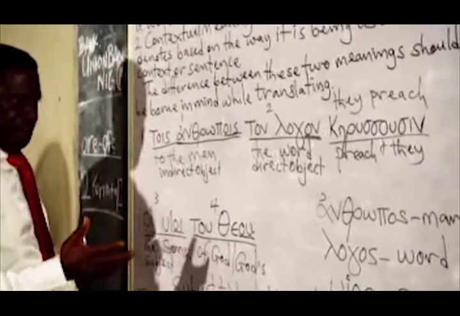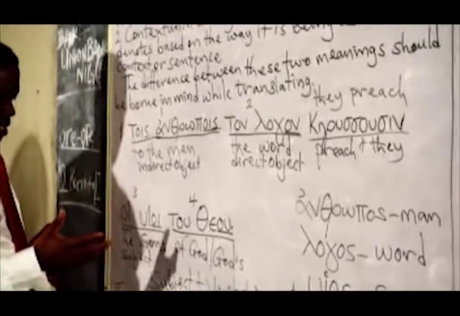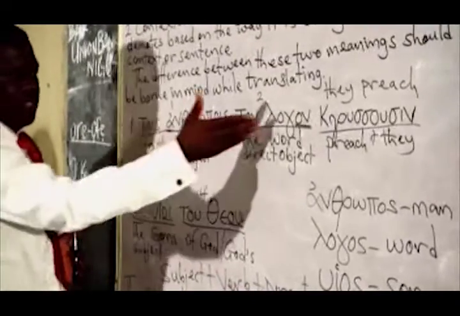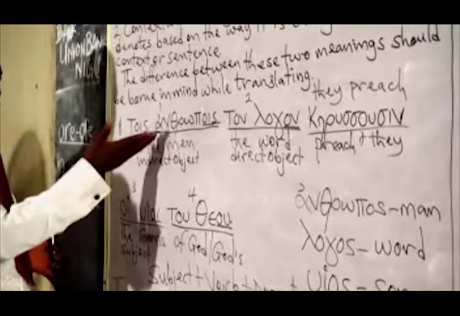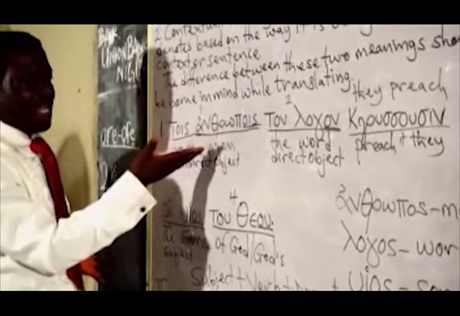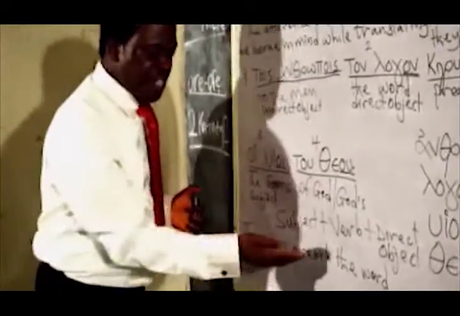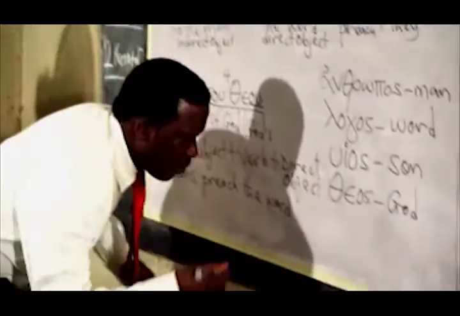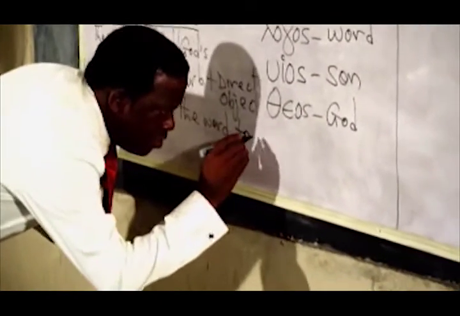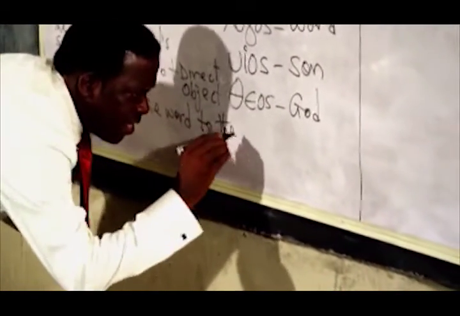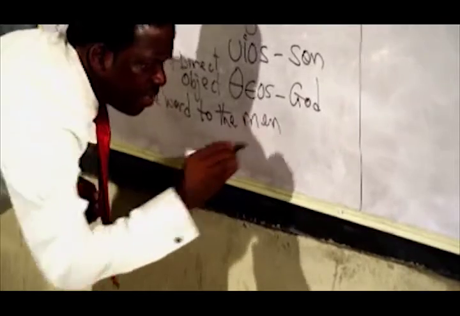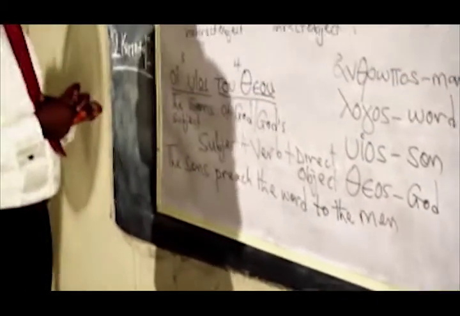Out of the four nouns that we've considered, only two. One, two. So we have to pick the next one. Tois anthropois means to the men. That means the sons preach the word to the men.